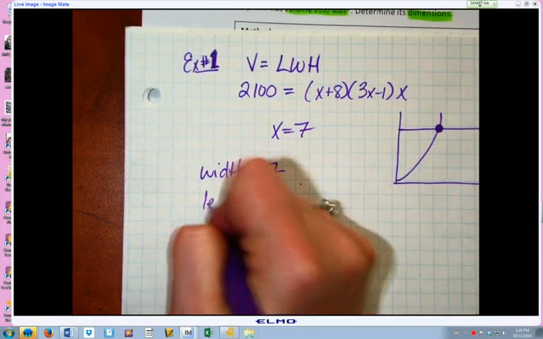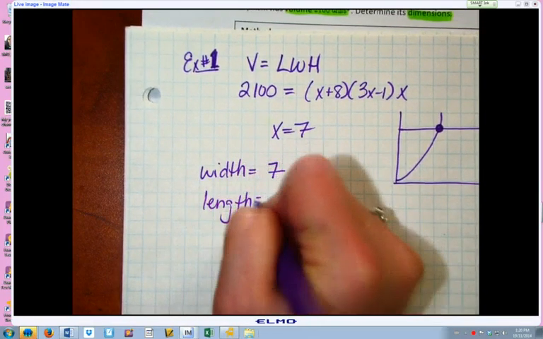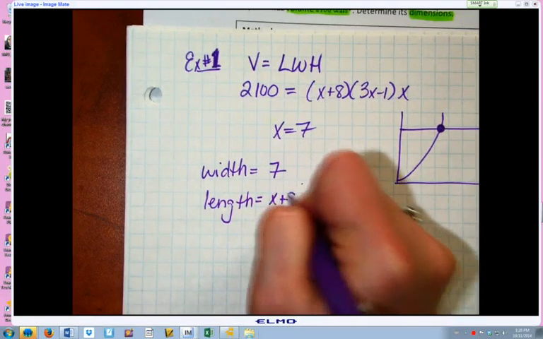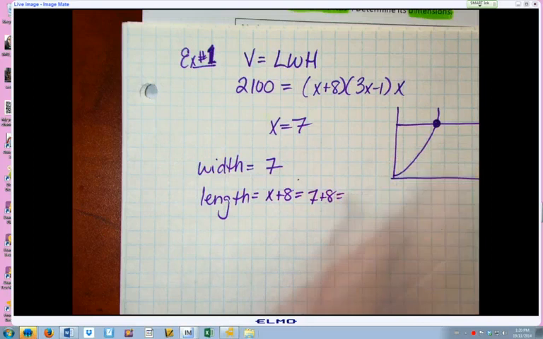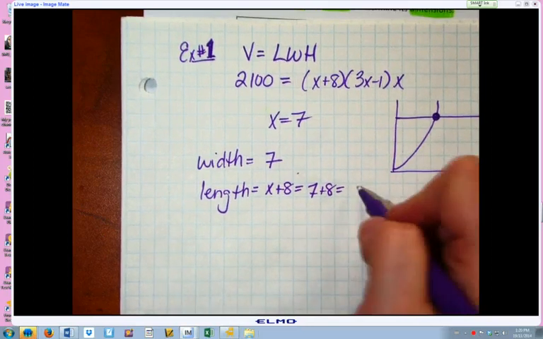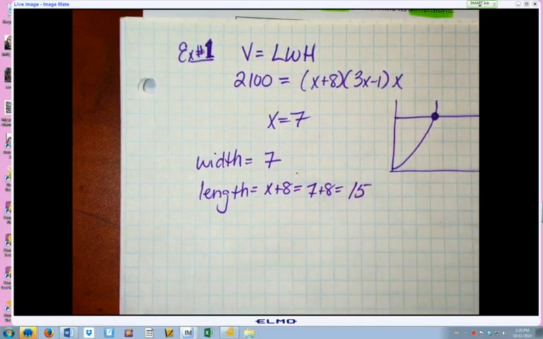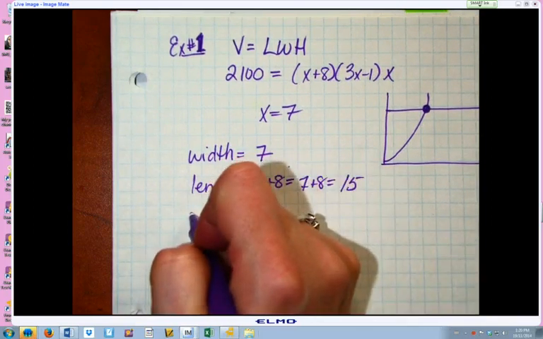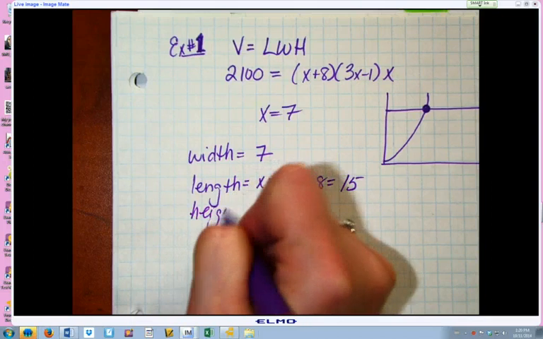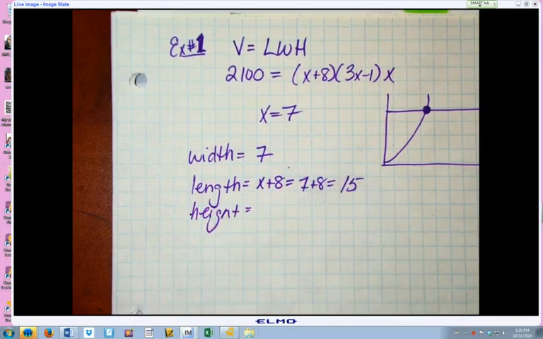How are we going to find the length? Okay, so they've told us it's x plus 8. We just solved x, which is 7. So the length is? How are we going to find the, which one's left? Height. Okay, where does that come from?